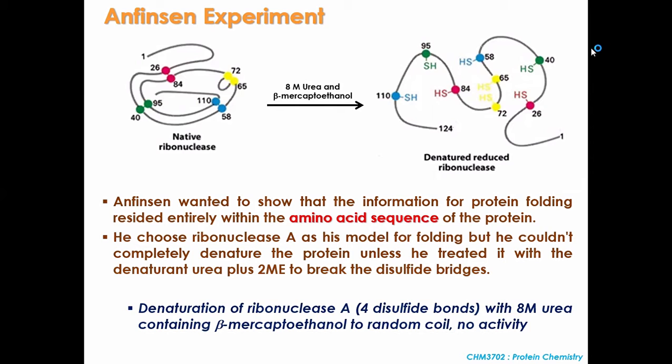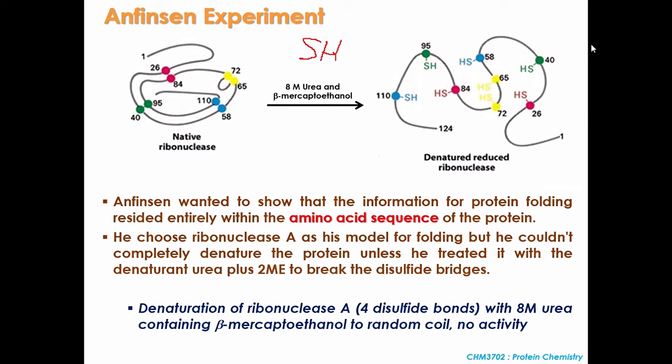Every time you hear something mercap, either mercaptan or mercaptoethanol, it has an SH group, right?